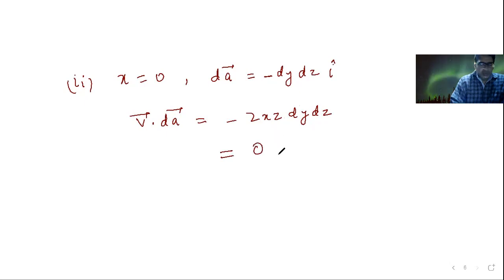Why? Because x is 0. So v dot dA integral is equal to 0 for this second phase. Then we take the third phase.